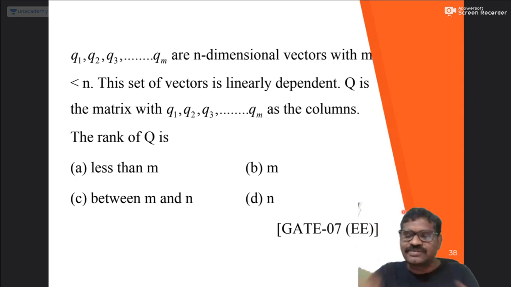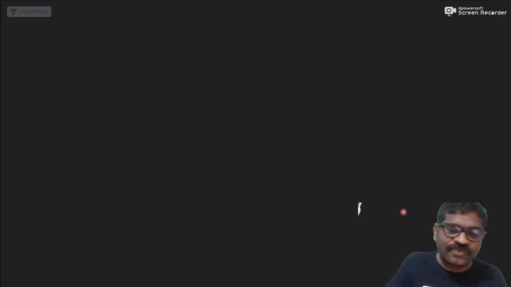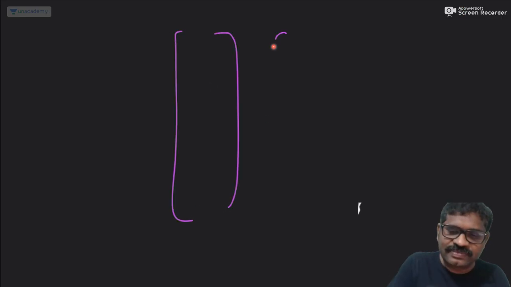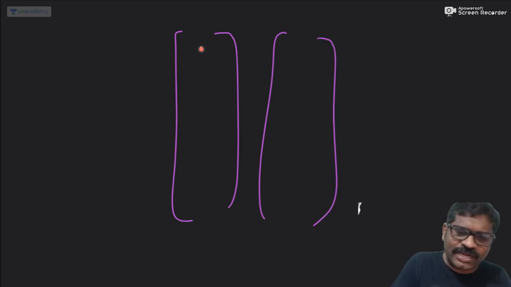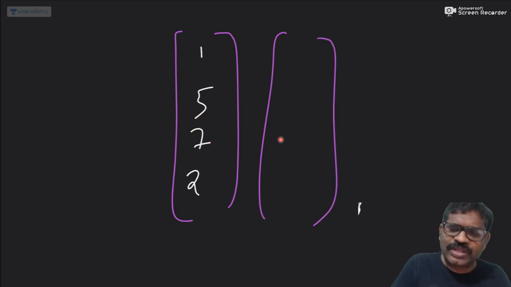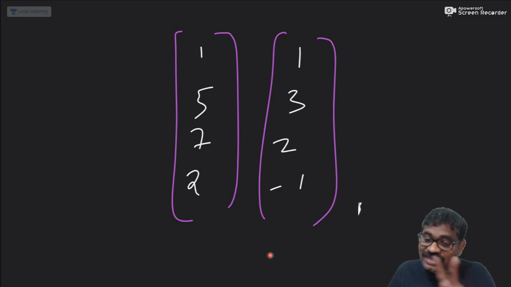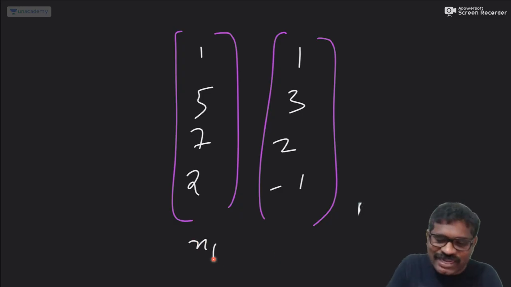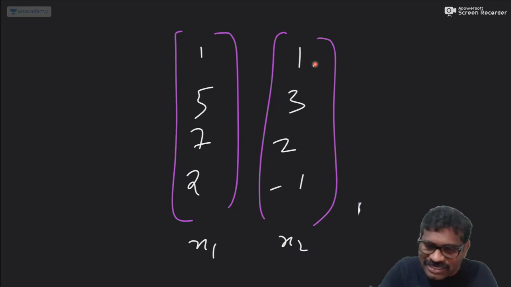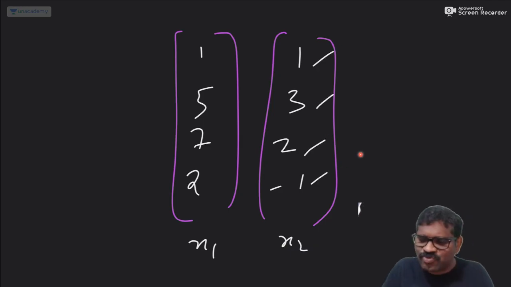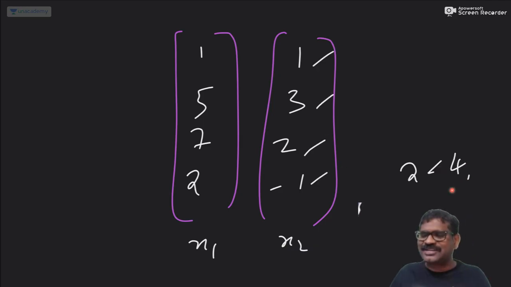Suppose you take two vectors like this: 1, 5, 7, 2 and 1, 3, 2, minus 1. Here vectors are only two, x1 and x2, but the dimension of each vector is 4. The number of vectors is 2 and the dimension of the vector is 4.